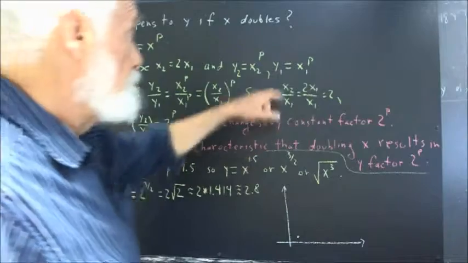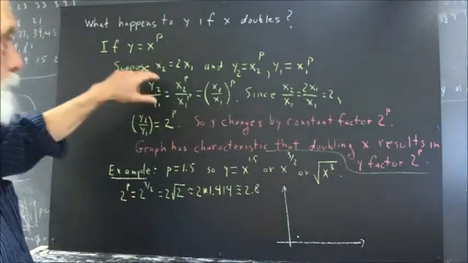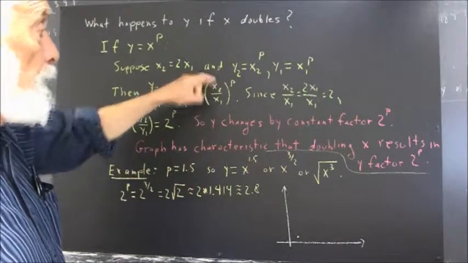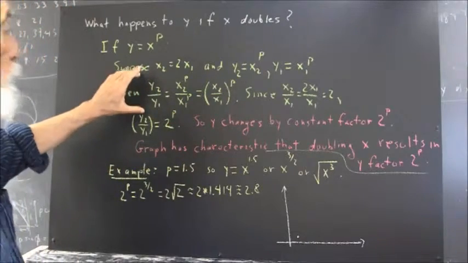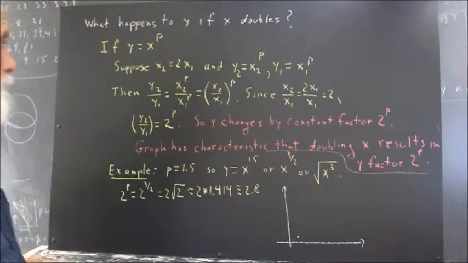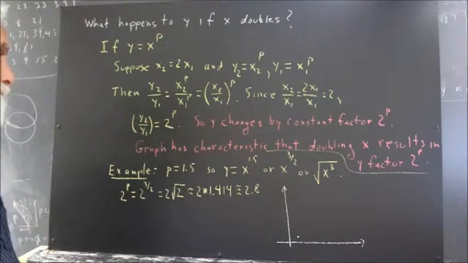So algebraically we see very clearly that x2 over x1 has to equal 2 if x2 equals 2x1. Well, what's that mean? It means x2 over x1 to the p is 2 to the p. So y2 over y1 equals x2 over x1 to the p becomes y2 over y1 equals 2 to the p.